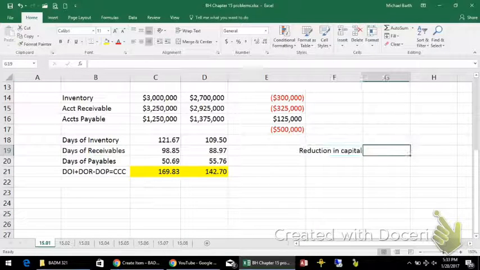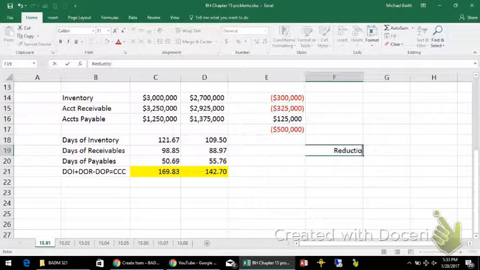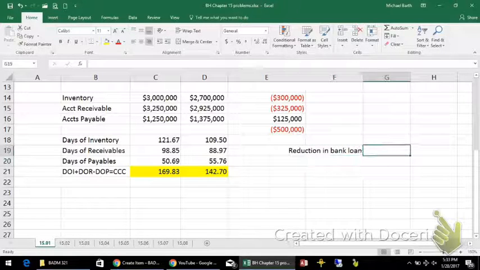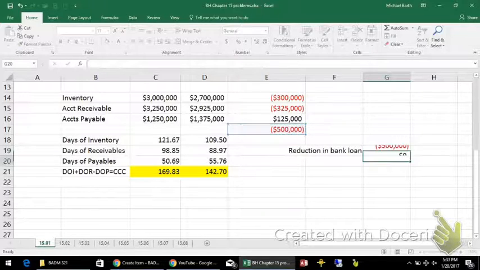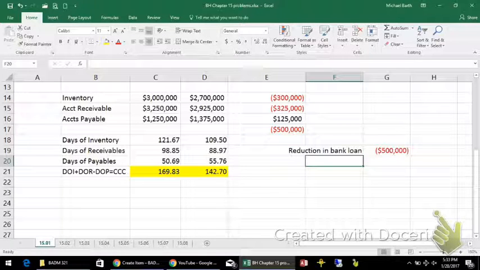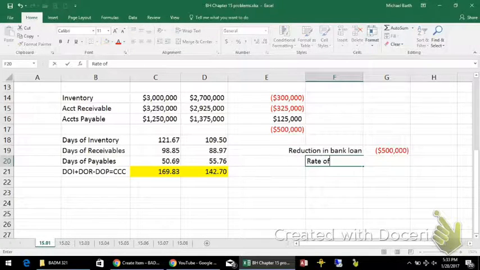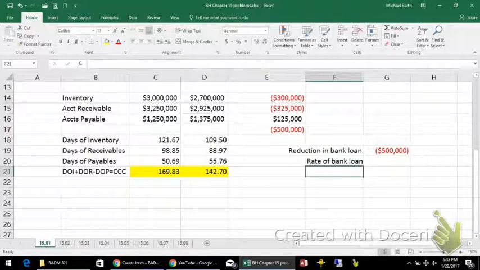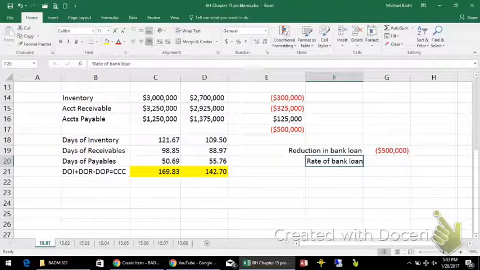So the reduction in the bank loan, which is what pays for all this, would be $500,000. That's how much less it is. The rate on the bank loan, which is given in the problem, is 8%.